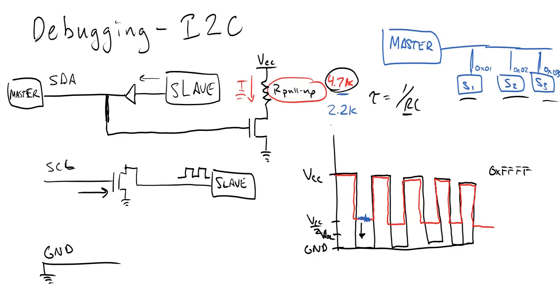Or you might just have a device that's weird and has some big internal capacitance on that I2C line, and sometimes you just have to bump that down. That 4.7K is really standard; you'll see that a lot. If it's too high, you drop down to 2.2K, and if you really need to dial it in, you can dial it in from there. All right.